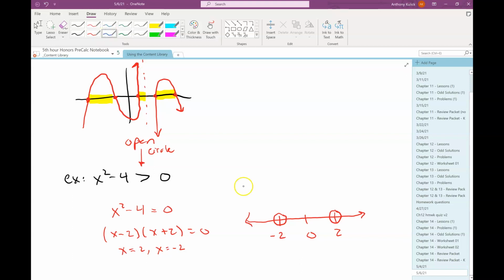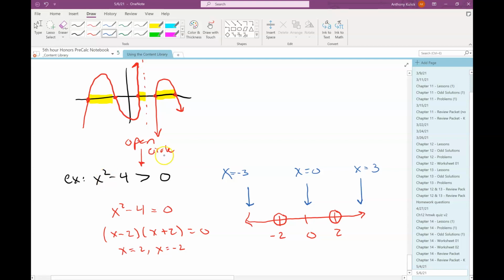And then I'm going to pick a test value in each of these little segments in between my x-intercepts. So I'll pick, say, negative 3, I'll pick 0, and I'll pick positive 3. Now you don't have to pick these exact numbers, it doesn't really matter. You just need to make sure you're picking something on the left side of negative 2, something in between negative 2 and positive 2, and something on the right side of positive 2.